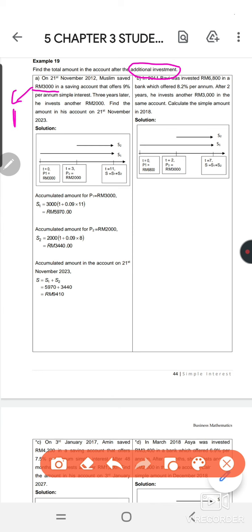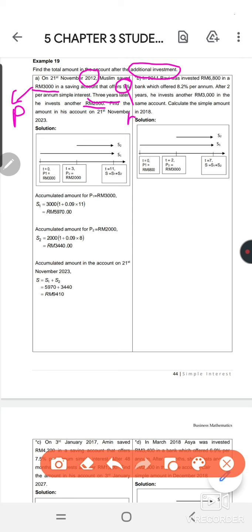So this one is P. Setiap kali awak buat soalan, bila awak jumpa apa-apa maklumat, terus tandakan apa nilai yang diberi. RM3,000 is your P in a saving account that offers 9% per annum simple interest. So this one is your R. 3 years later, he invests another 2,000. 3 tahun kemudian, dia masukkan pula 2,000. Find the amount in his account on 21st November 2023.